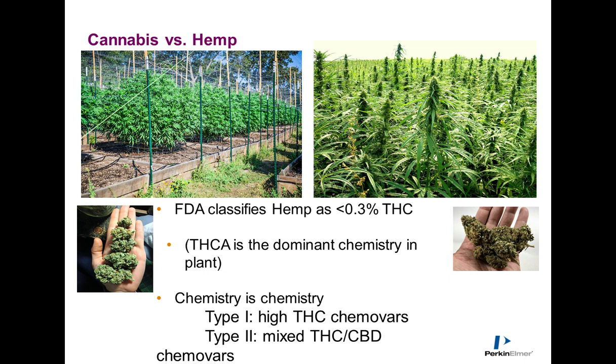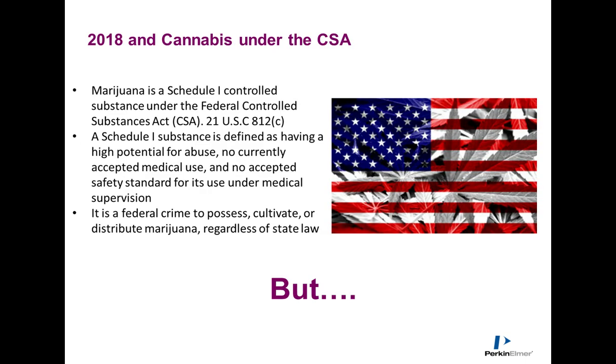This is an ongoing discussion, but federally, the FDA classifies hemp as having 0.3% or less THC in the plant. What you're looking at here is an example of cannabis on the left and hemp on the right. They look very similar, but can have different chemistries. And if they are a hemp chemistry, it can be transported across state lines in the U.S., whereas cannabis cannot.